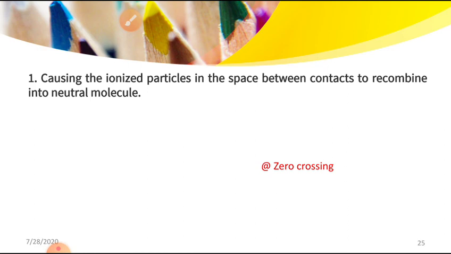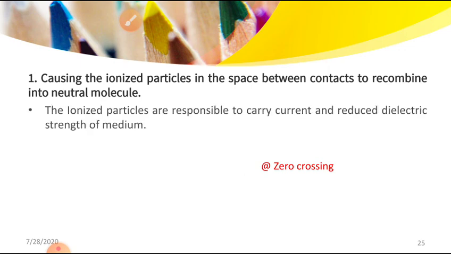Now, here you can see a simple analysis. What we are going to do here is cause the ionized particles in the space between the contacts to recombine into neutral molecules. How? At the zero crossing period. The ionized particles are responsible for carrying current and reducing the dielectric strength of the medium.